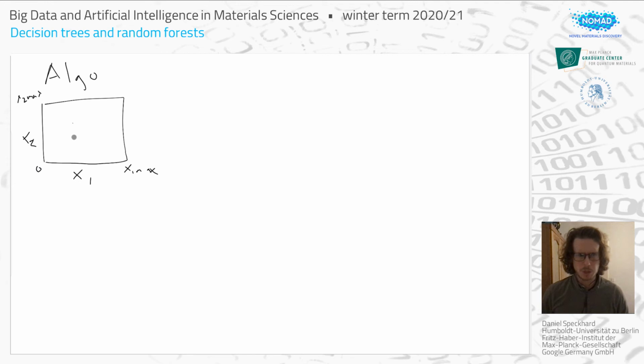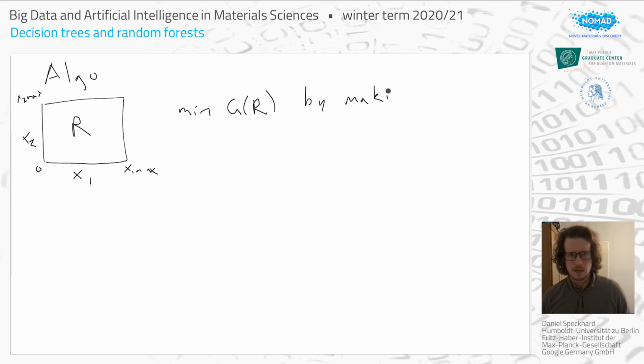So we have some region initially, and we want to know how do we split this region? The question we really ask is how do we minimize the Gini of this region R by making a split?